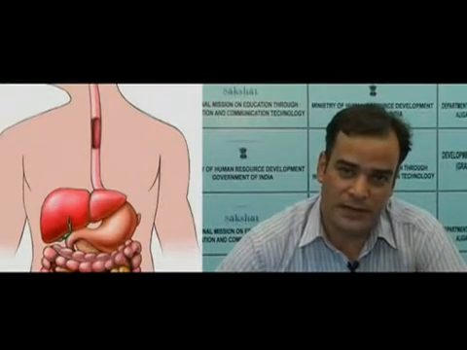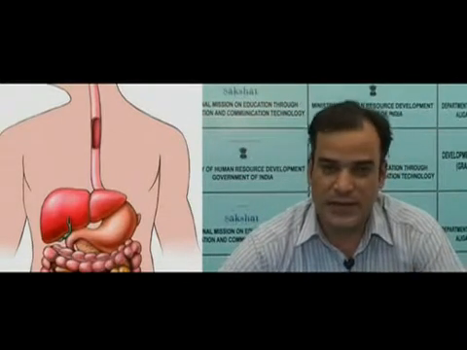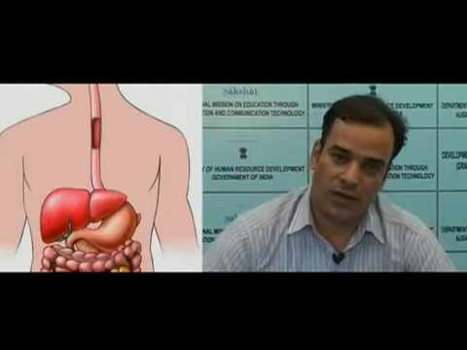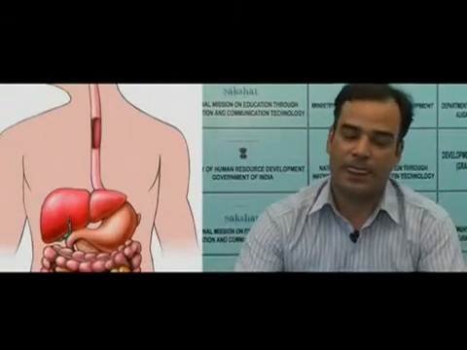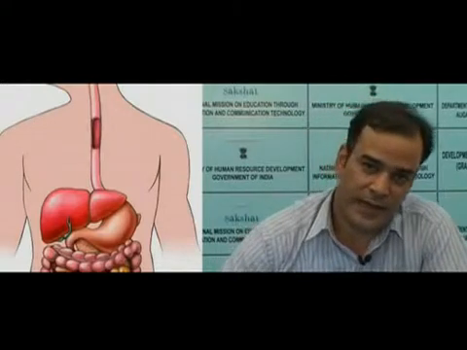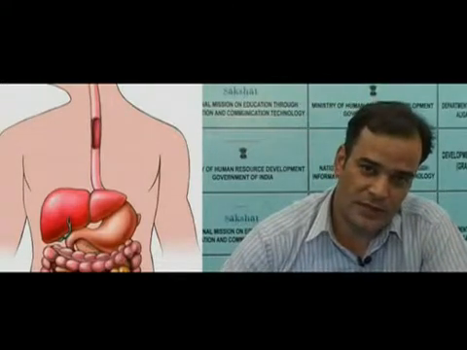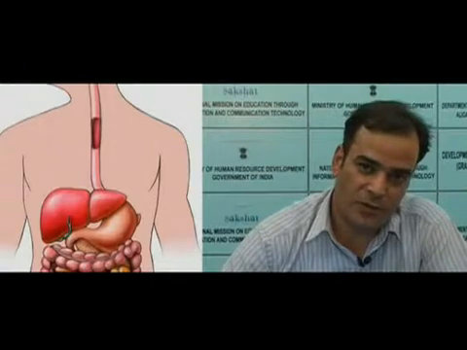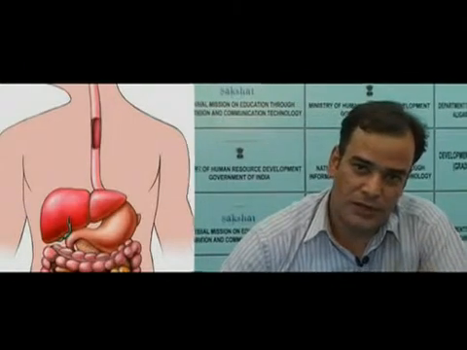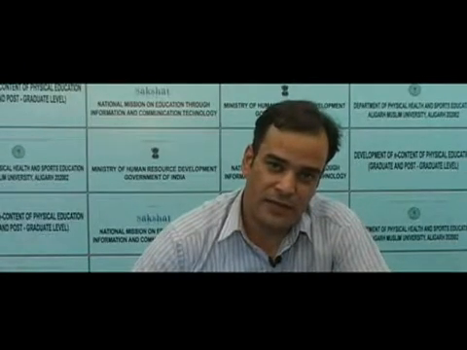And here, this exocrine part of the pancreas is in fact the acinar type of gland or the alveolar type of gland. As I said earlier, glands can also be classified on the basis of the structure or the shape of the gland. Because the exocrine part of the pancreas has glands that have the shape of a sac or a bag, this gland will also be called an alveolar type of gland or acinar type of gland.